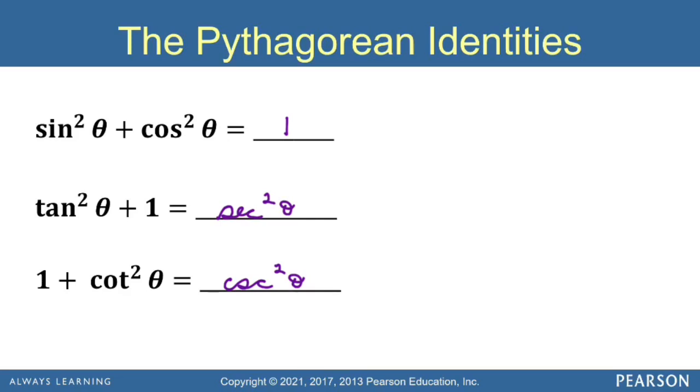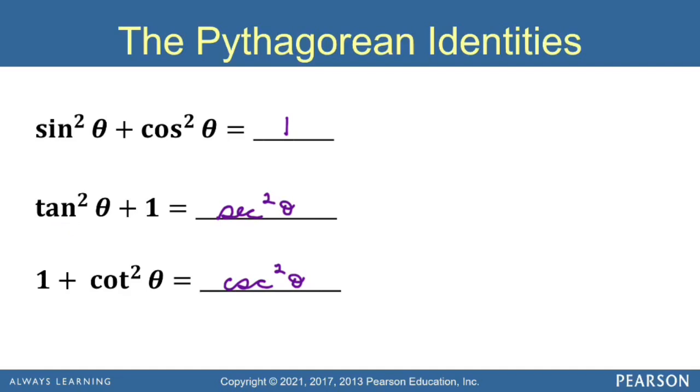But let's just keep in mind that for both of these, the one is on the left side of the identity, and one of them involves tangent squared and secant squared, and the other one involves cotangent squared and cosecant squared. So in one of them, both of the functions have co in front of them, and in the other one, both of the functions don't have co in front of them.